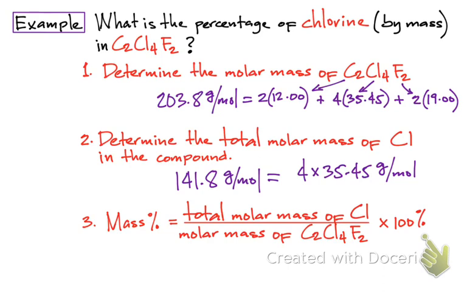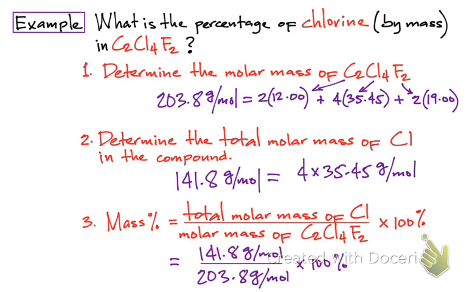Now that we have both numbers, all you have to do is divide the two multiplied by 100%. So we have 141.8 grams per mole divided by 203.8 grams per mole multiplied by 100%, and we get 69.6% chlorine by mass.